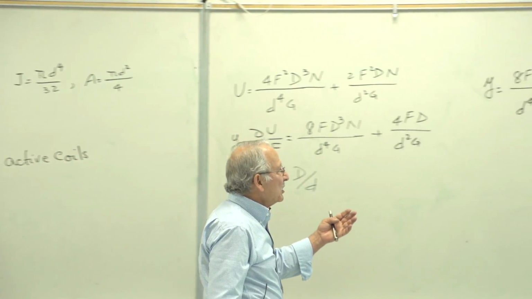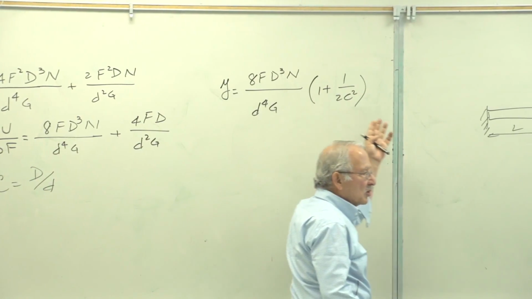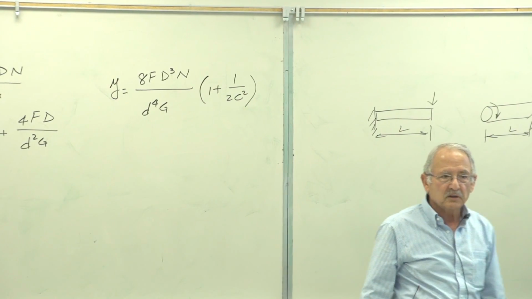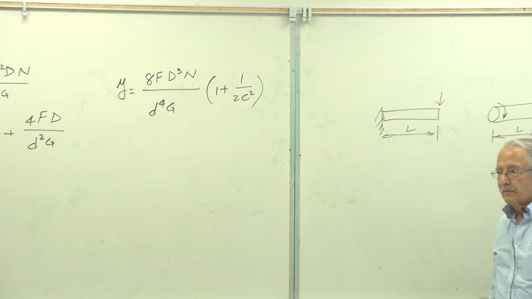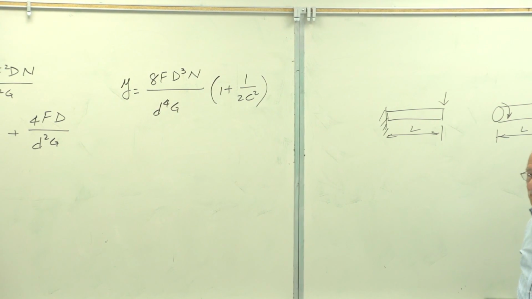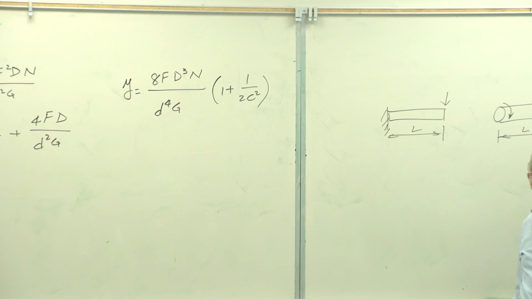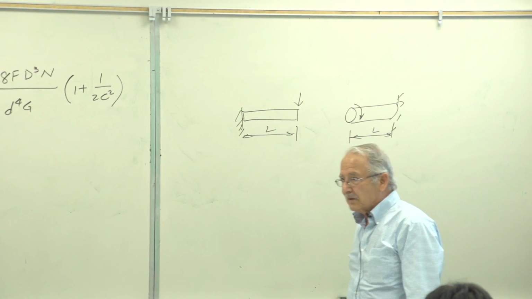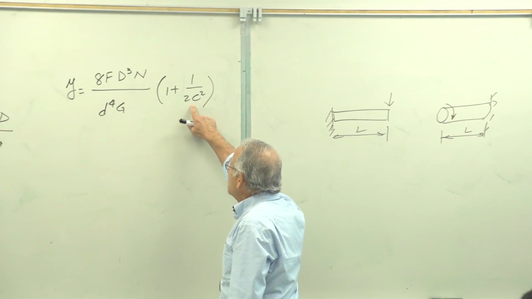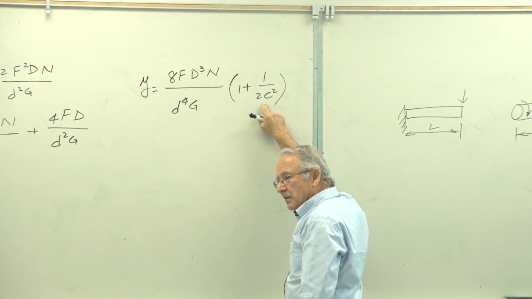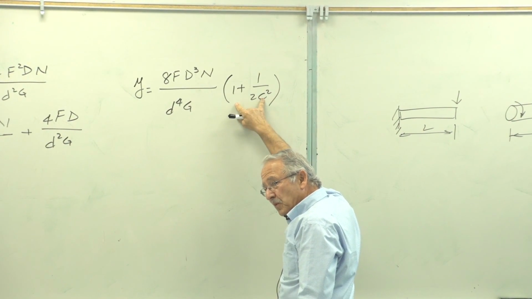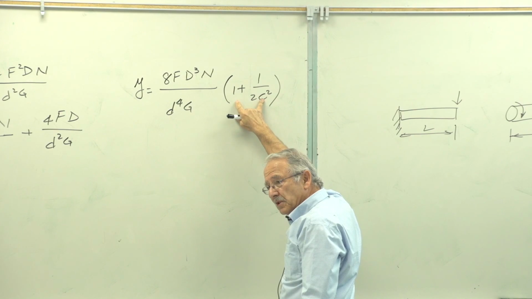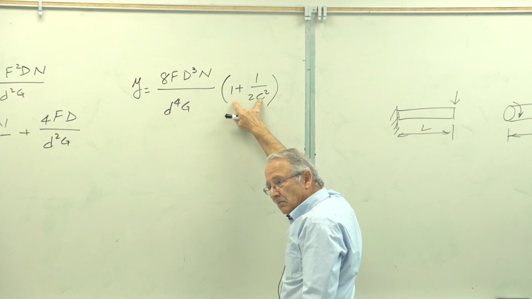So this will be maximum when C is equal to 4. Agreed? That's 1 over 32. A little better than 3%. Right? So that's about 0.03. And that's 1. 3% or 0.03 is negligible with respect to 1.